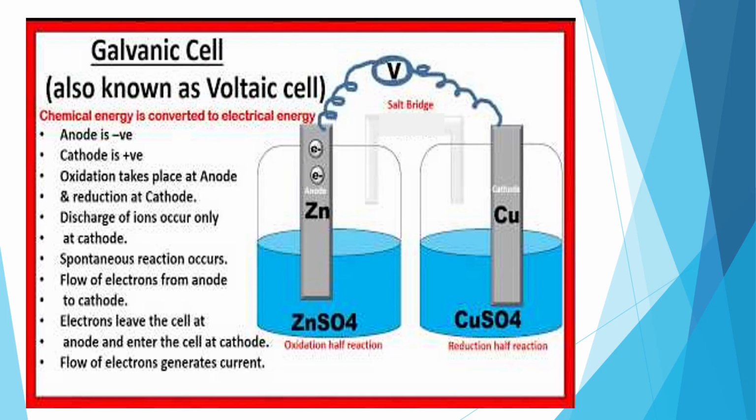Spontaneous reactions occur. Electrons flow from anode to cathode, and electrons leave the cell at the anode and enter the cell at the cathode. Flow of electrons generates the current, and we have attached a voltmeter to understand what is happening exactly. And there is a salt bridge. The picture is not clear properly, but there is a salt bridge which connects the two solutions, as I told you earlier.